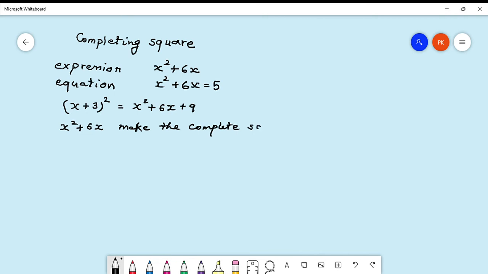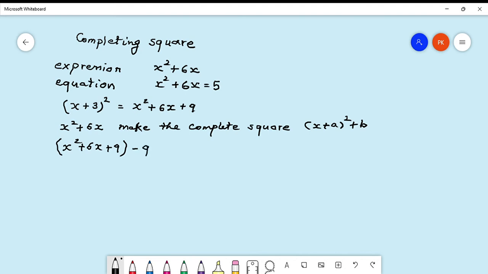That means suppose I want to write this expression in the form x plus a the whole square plus b. So obviously now I know that I have to add 9 to x square plus 6x. So to make complete square I will add 9 and to balance I will subtract 9.